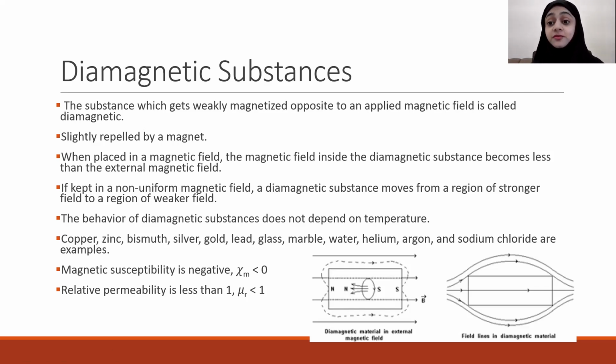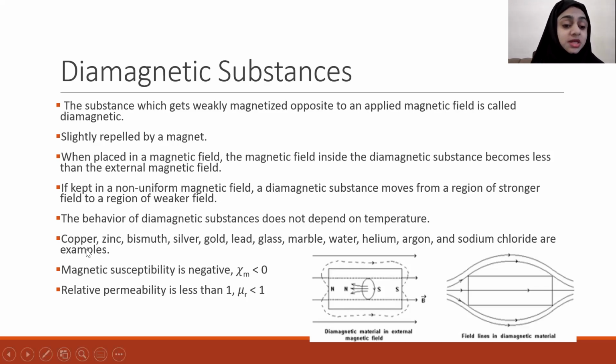They repel the magnetic field lines, as you can see here. So they move to the region where the magnetic field is weak if it is a non-uniform magnetic field. And the behavior of diamagnetic substance does not depend on temperature. I'm referring to this here because for the other two types of materials, paramagnets and ferromagnets, their properties depend on temperature.